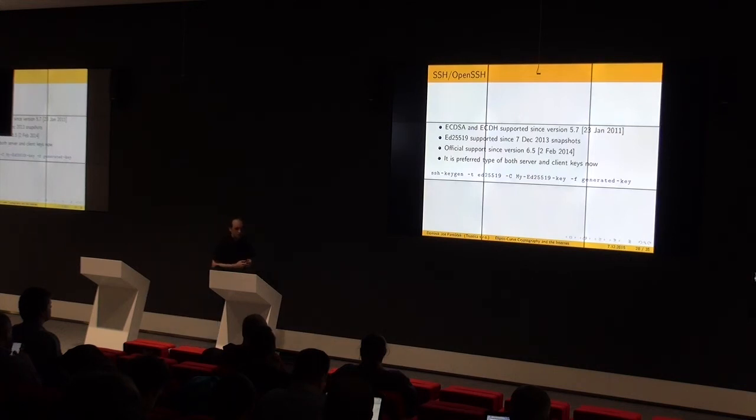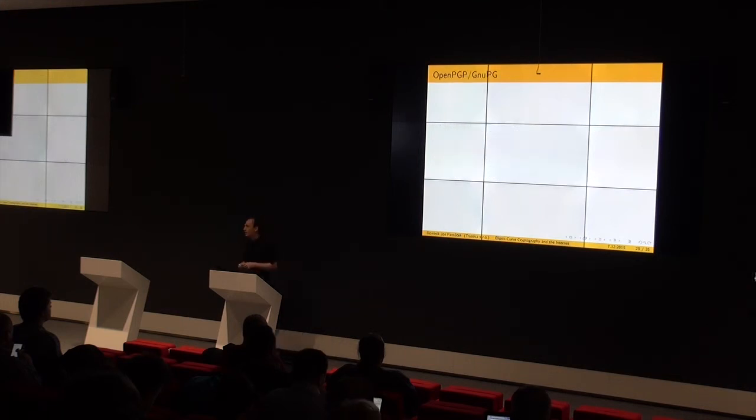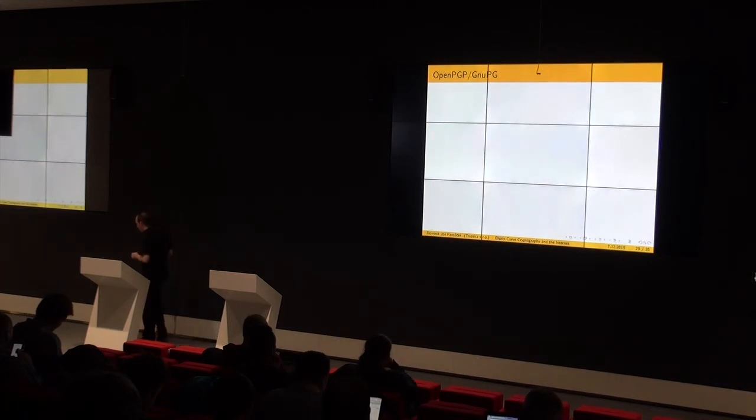If you want to specify the type, you just say the type is ed25519, add some comment and some rounds for the key, and there you go. You are using alternative elliptic curves. Isn't it awesome?